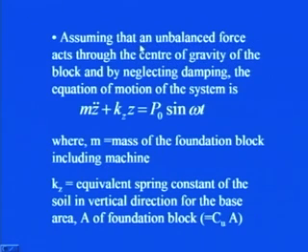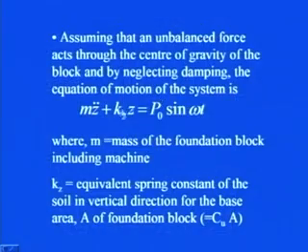So, assuming that an unbalanced force acts through the center of gravity of the block, and by neglecting damping, the equation of motion of the system can be written as m z double dot plus Kz into z equal to P naught sin omega t. If you remember, in the very first lecture we discussed how we can get this particular equation, that is, the summation of all the forces equals the mass into the acceleration.